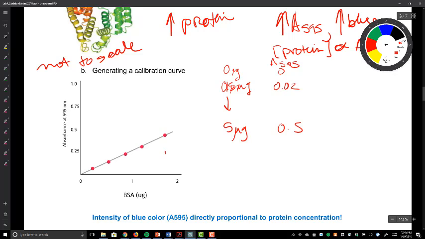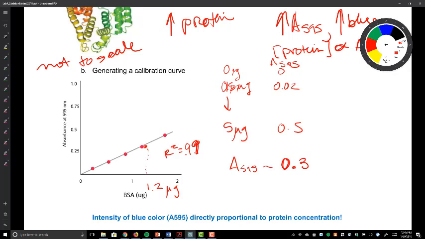Then you can do a linear fit to get a calibration curve. When you take your sample, let's say my absorbance at 595 nanometers is 0.3. We fill in the blank, 0.3. That corresponds to about 1.2 micrograms of protein in the 5 microliters that we pipetted into the tray.